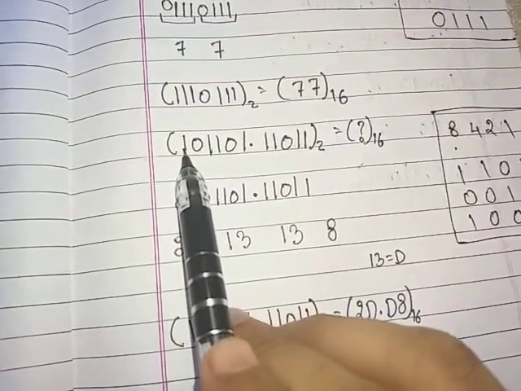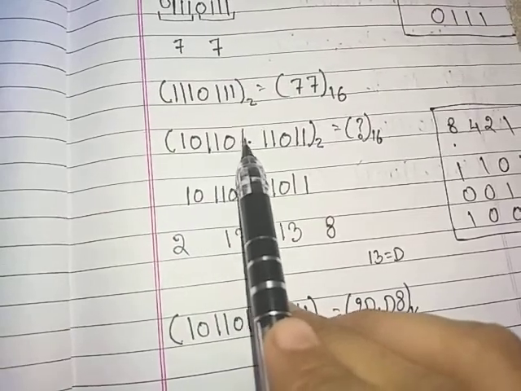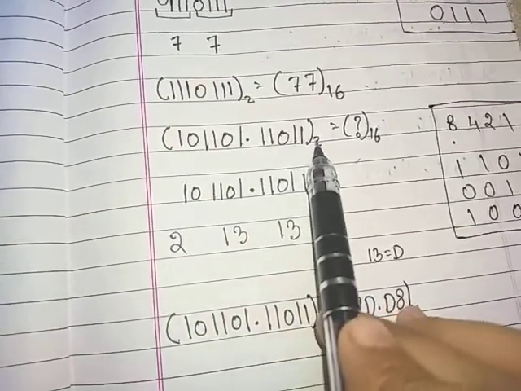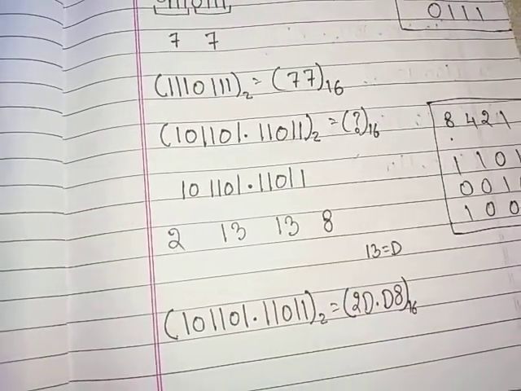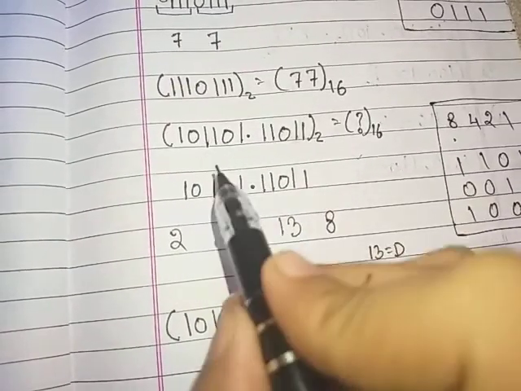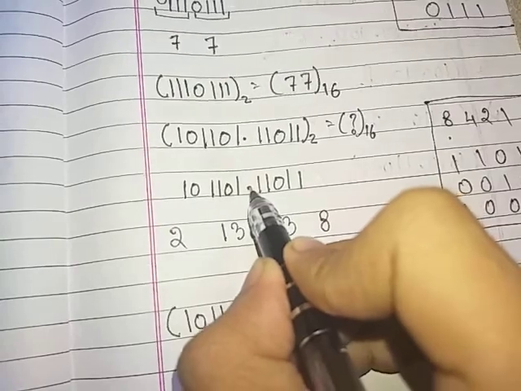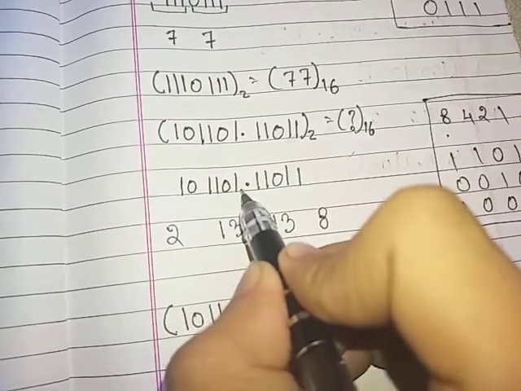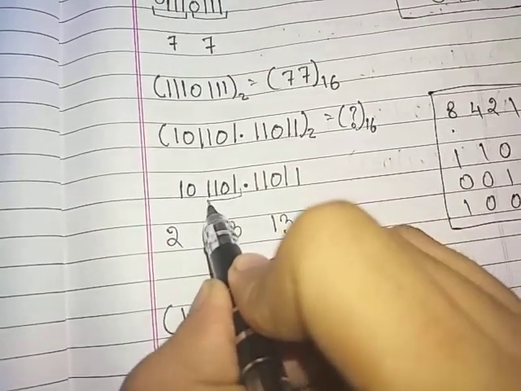If I want to convert 101101.11011 radix 2 into radix 16, first I will write the binary bits as it is, then from decimal point on the left hand side I will make group of 4 bits from right to left.